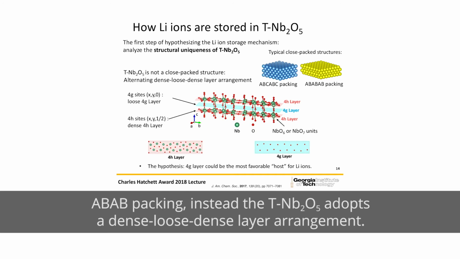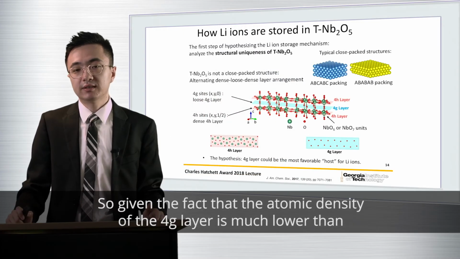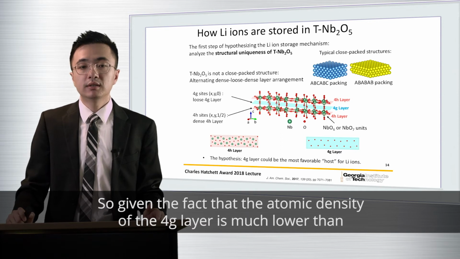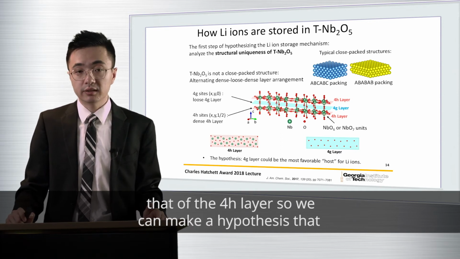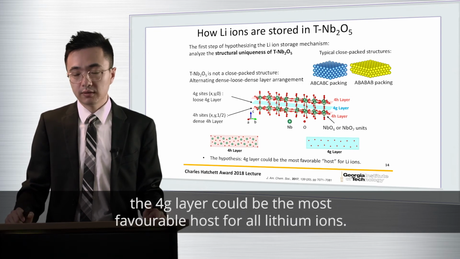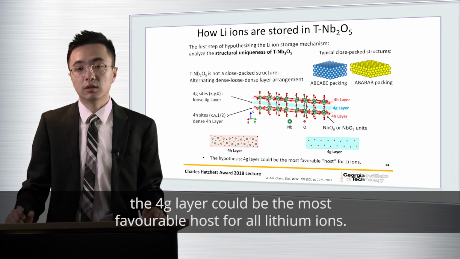Instead, the T-niobium oxide adopts a dense, loose, dense layer arrangement. So given the fact that the atomic density of the 4g layer is much lower than that of the 4h layer, we can make a hypothesis that the 4g layer could be the most favorable host for lithium ions.